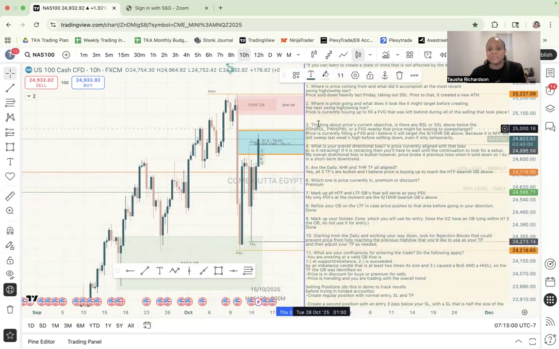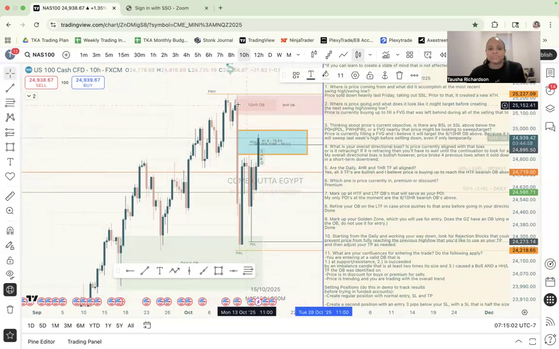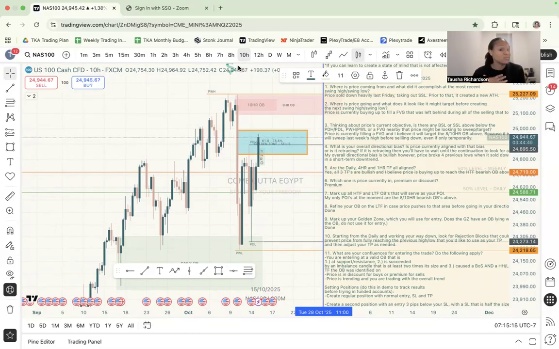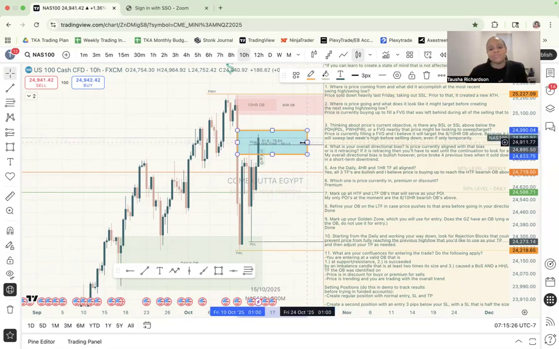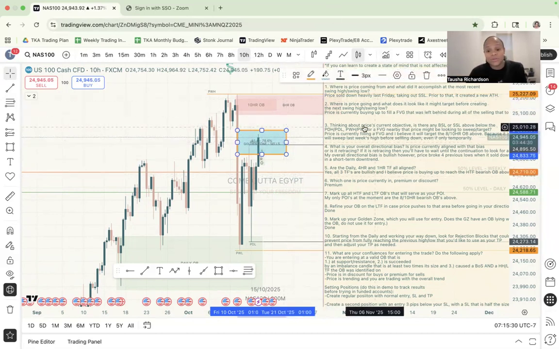But in this case, just because you never know how much price is going to sell down, because we're not in a confirmed short-term downtrend. I do strongly believe that price is going to respect this area just because it's not a 15-minute bearish order block, it's not a 30-minute, it's a 10-hour. I just would be surprised, I guess, if price pushed right through it. But price can do whatever it wants to do.